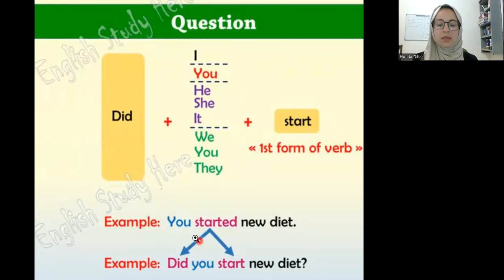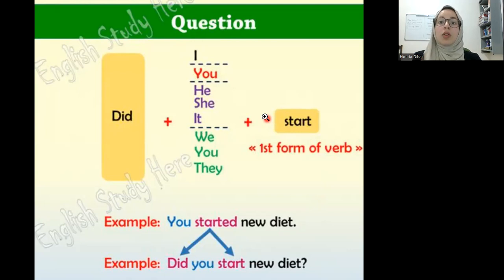Okay, but when we want to ask a question in the past we say: did you start new diet? هل بدأت بالقيام برجيم جديد؟ Okay, excellent.